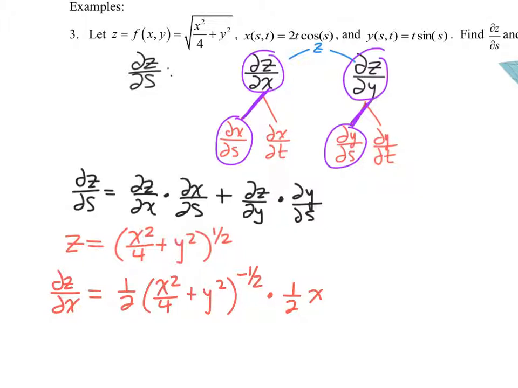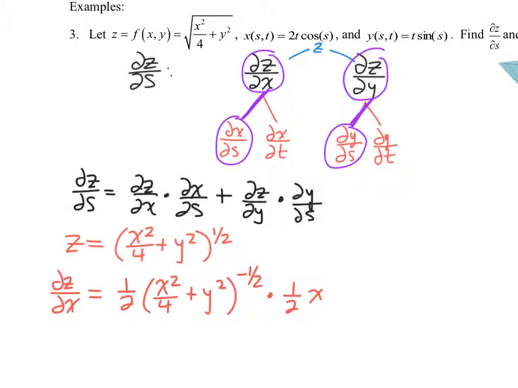So when we had z, we broke it down to partial z divided by partial x times partial x divided by partial s, and partial z divided by partial y times partial y divided by partial s. He's referring to the diagram. I'm just confused how we got the partial z divided by partial s.